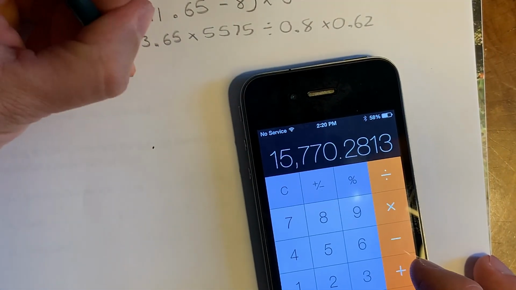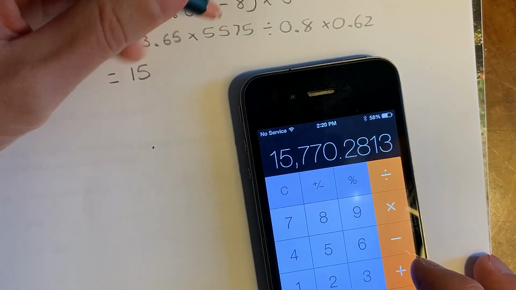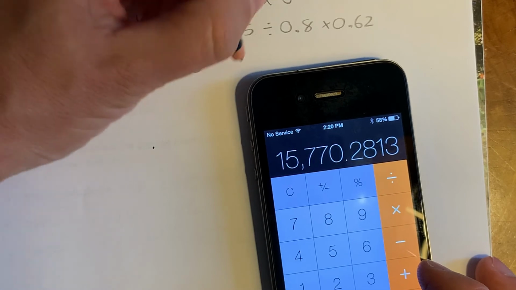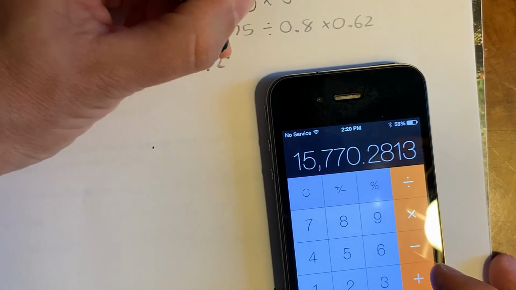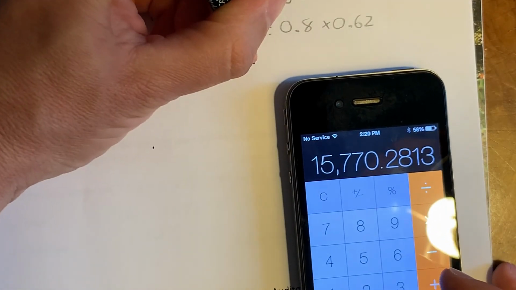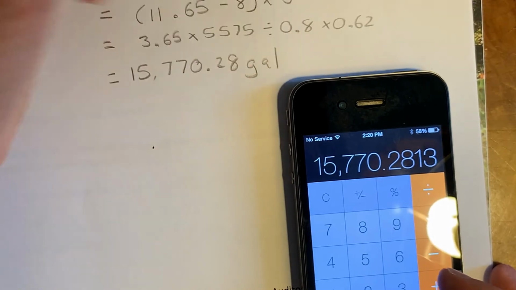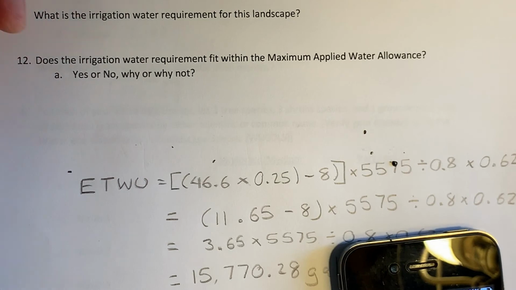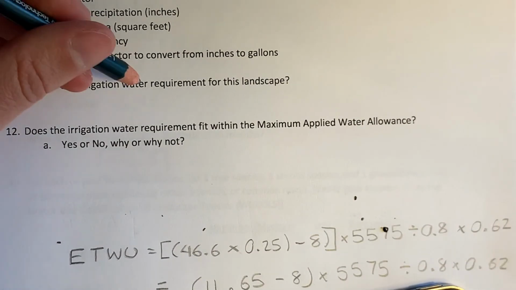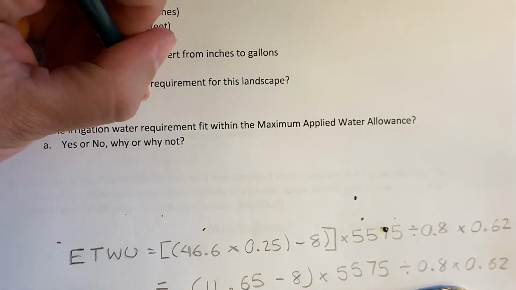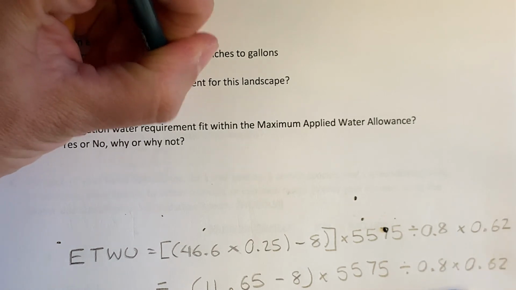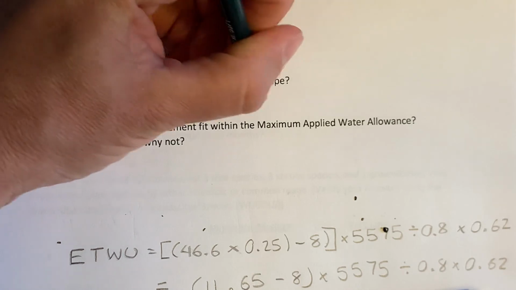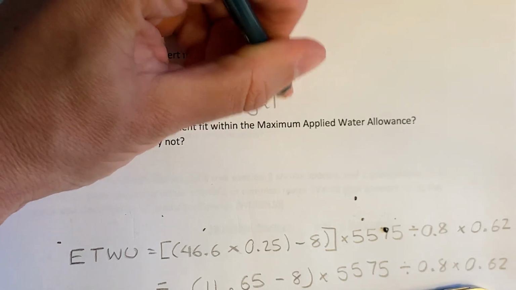And that gives us 15,770 gallons. You can put the 0.28 for good measure. So what is the irrigation water requirement for this landscape? 15,770.28 gallons.